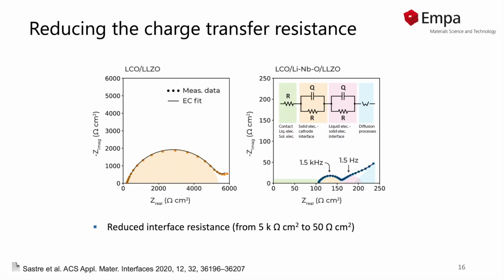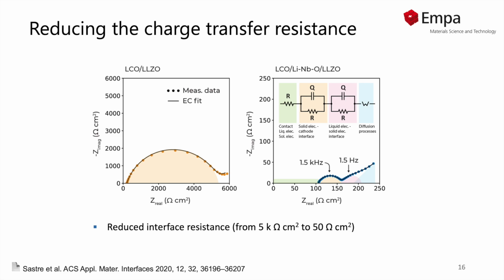To quantify the charge transfer resistance, we measured these half cells in a wet 3-electrode system. Impedance spectroscopy of the half cells shows the drastic effect of the interface modification on the charge transfer resistance.